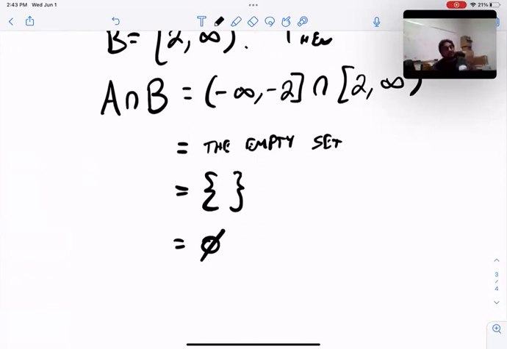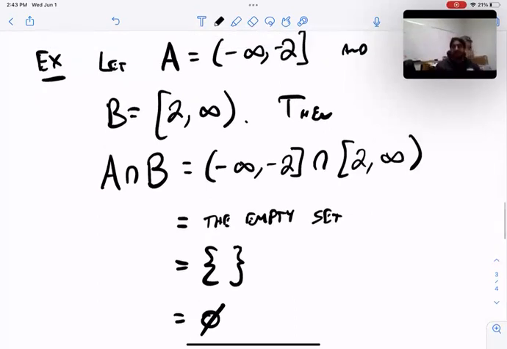They're all commonly used: just the words, the empty set, curly braces with nothing inside, or the circle with a little slash through it. This would be an example of an intersection. They have an empty intersection because they don't share any elements in common.